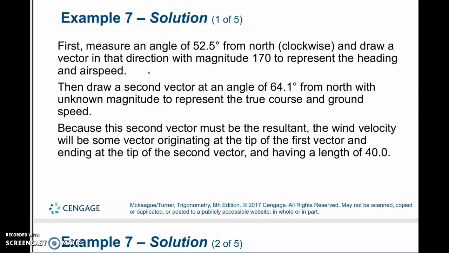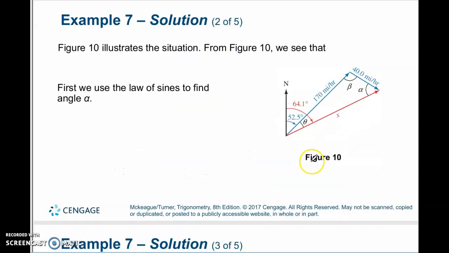And then you draw a vector in that direction with a magnitude of 170 to represent the heading and airspeed. And then you're going to draw a second vector from an angle of 64.1 degrees from due north. Because the second vector must be the resultant, the wind velocity will be some vector originating at the tip of the first and ending at the tip of the second, and having a length of 40.0. So that is drawn for us right here.